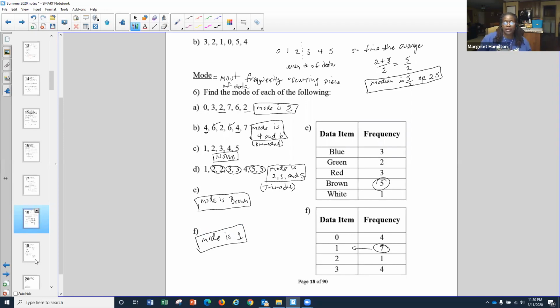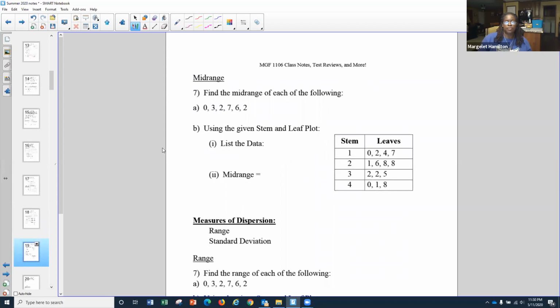All right, this last part here with our mid-range. So the mid-range, how do we get it? We have a little formula. We have the smallest plus the largest value, all divided by 2.